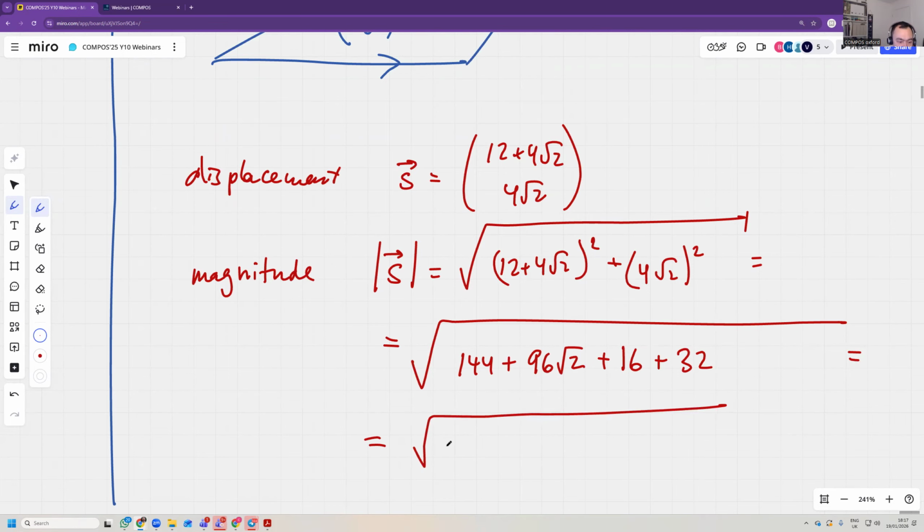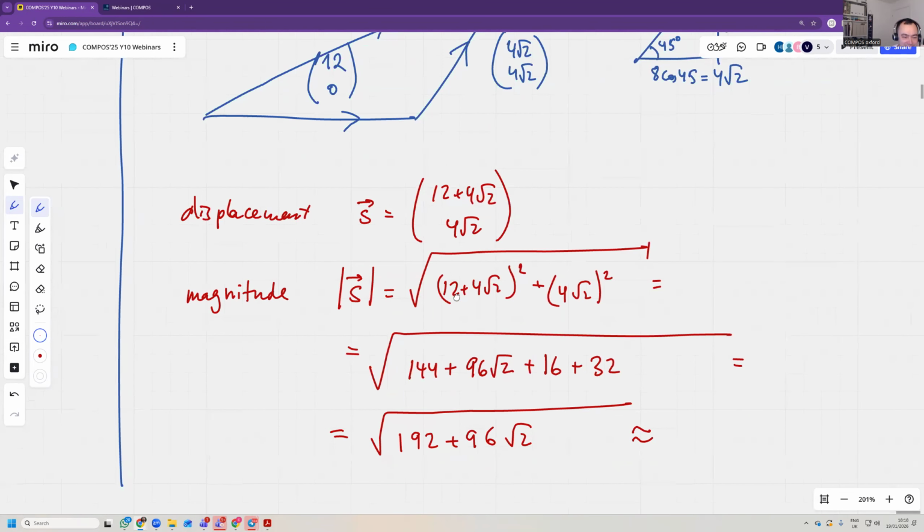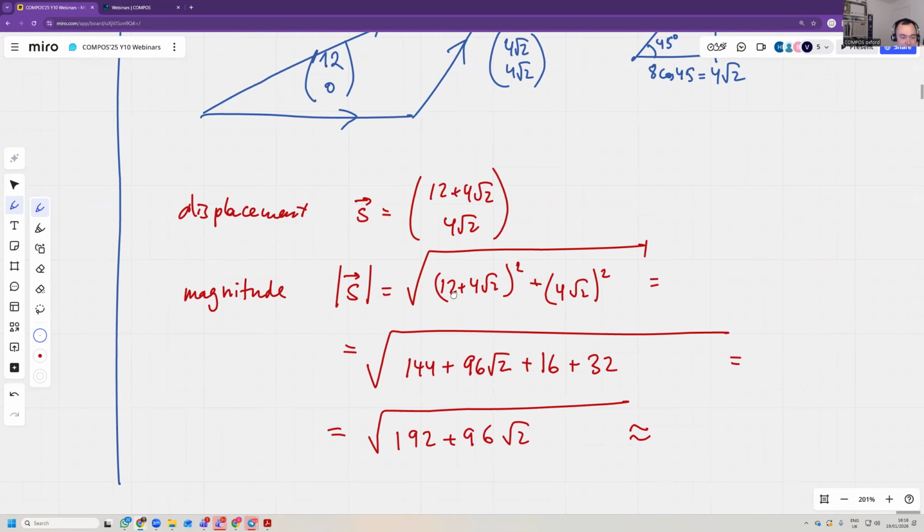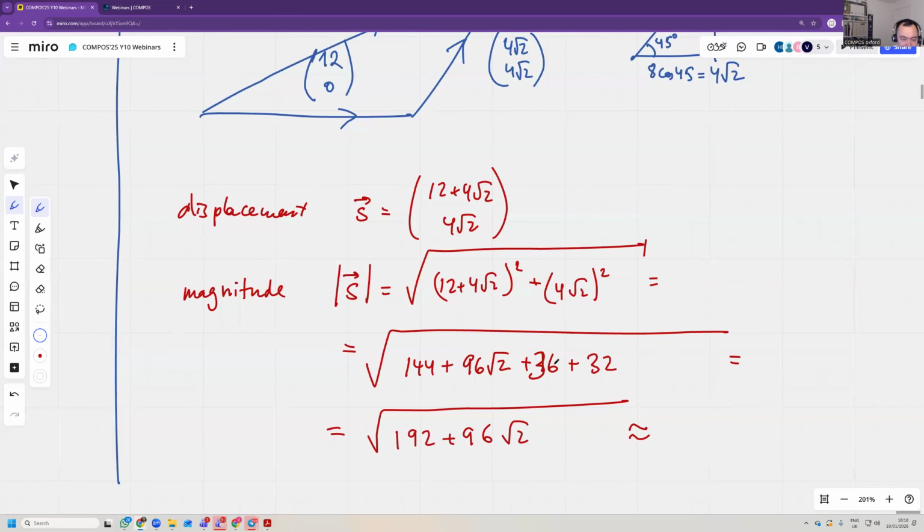And this is, so 144 plus 16, 160, 192 plus 96 root 2, which I'm pretty sure is a, okay, something went wrong. Yeah, it is 32. Yes, thank you.